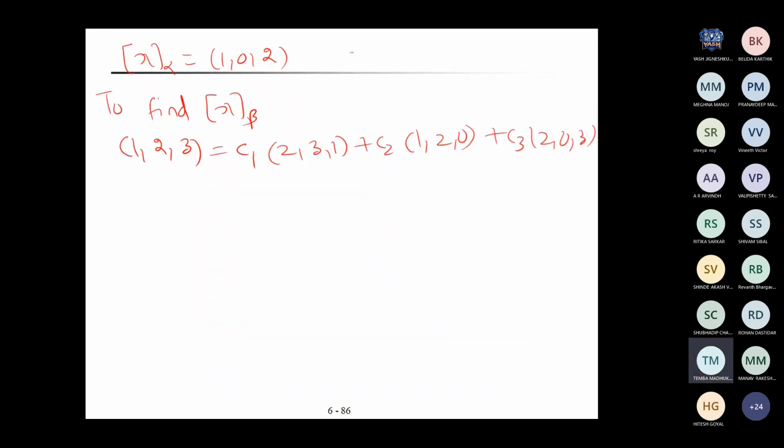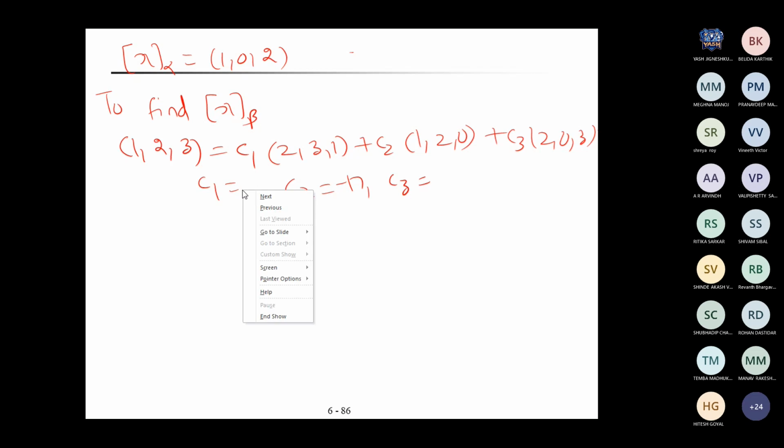C1 is 6, C2 is -17, and C3 is -3. C3 is -3. C1 is minus 12, ma'am. 12. Okay, C1 is 12. C2 is -17. I think correct. Then C3? -3.